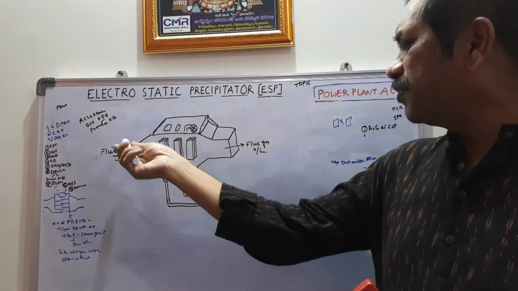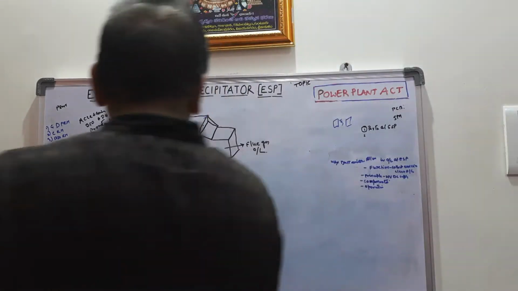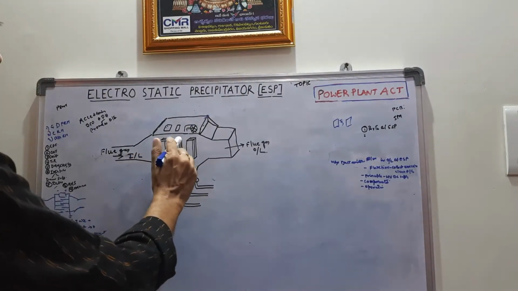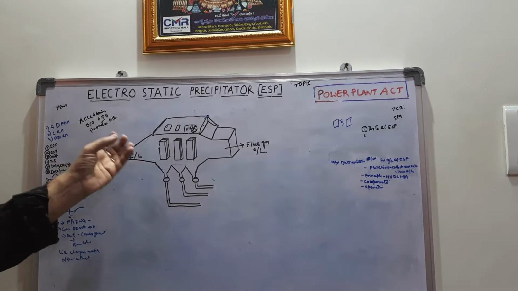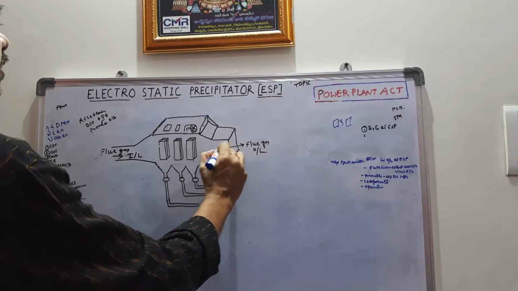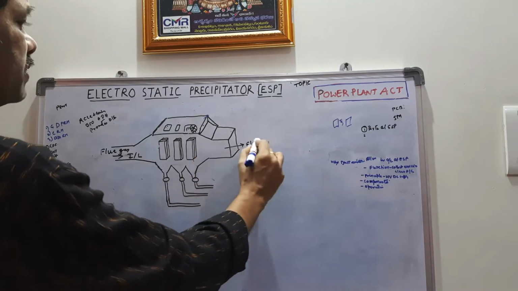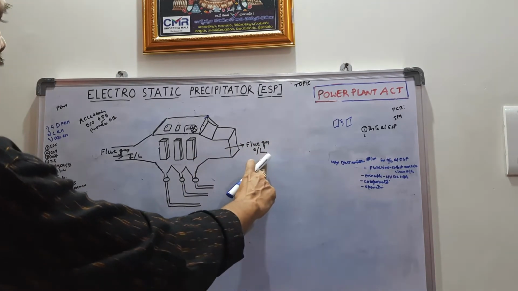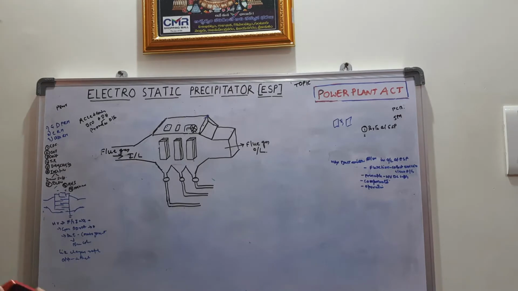After that, this flue gas passes through ESP, this dust is collected in ESP, and clean flue gas passes out of ESP. This is the function of ESP.